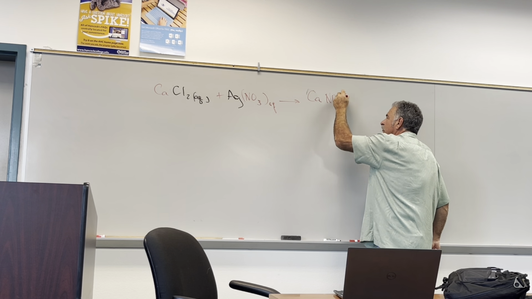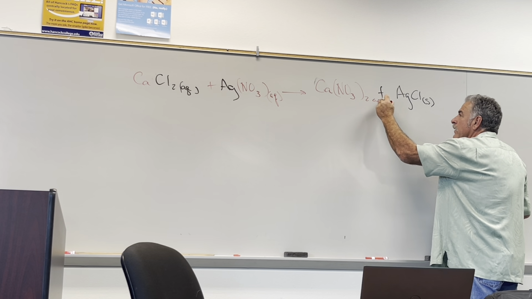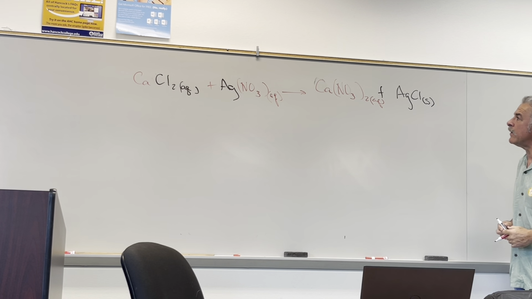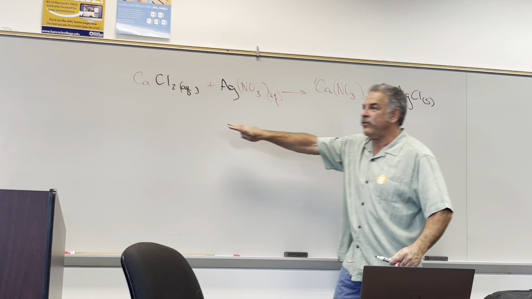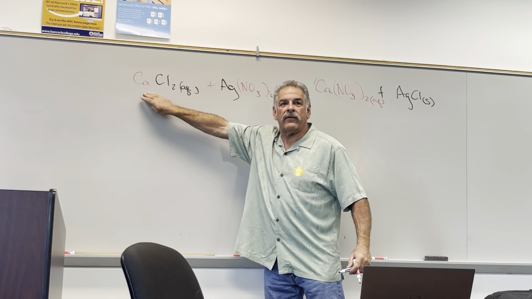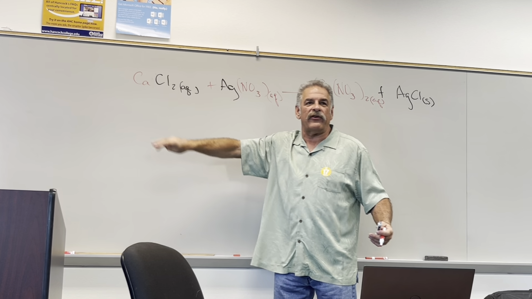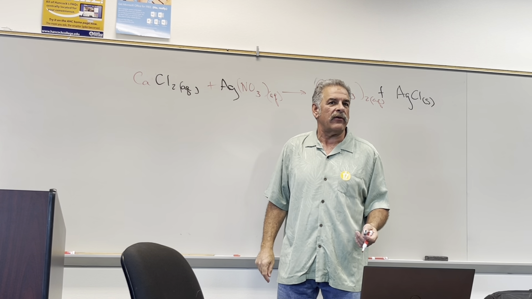Question. Yeah. When finishing the equation, why do you start with the calcium nitrate instead of silver chloride? What makes calcium come first? Yeah. I don't know, because I started with. So there's not a reason why they can be switched. It's just a what is that called? A convention. Okay.